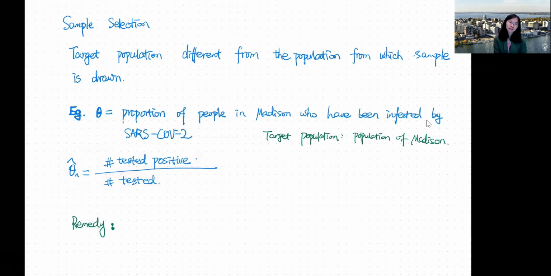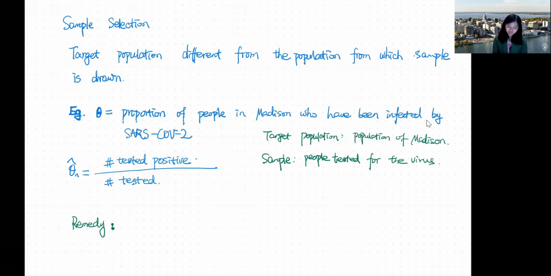Well, to answer that question, you need to think about whether the people who have been tested are a random sample from your target population. Well, there are many reasons to believe that this sample is not a random sample from the target population.